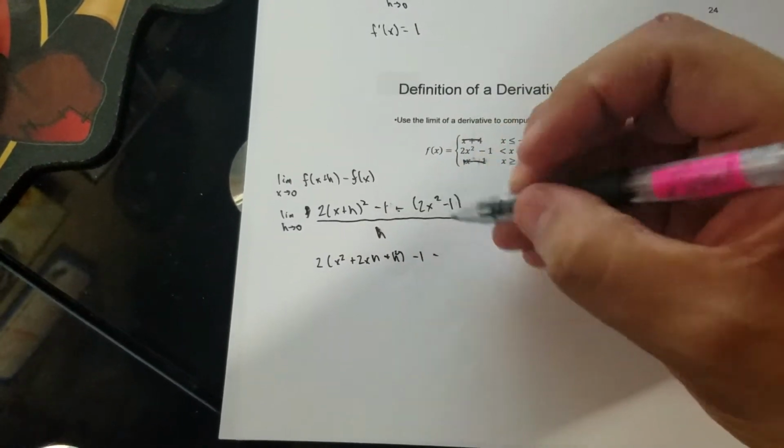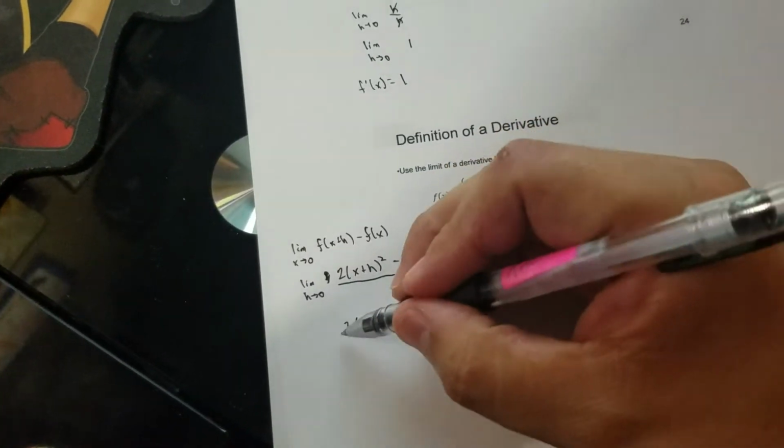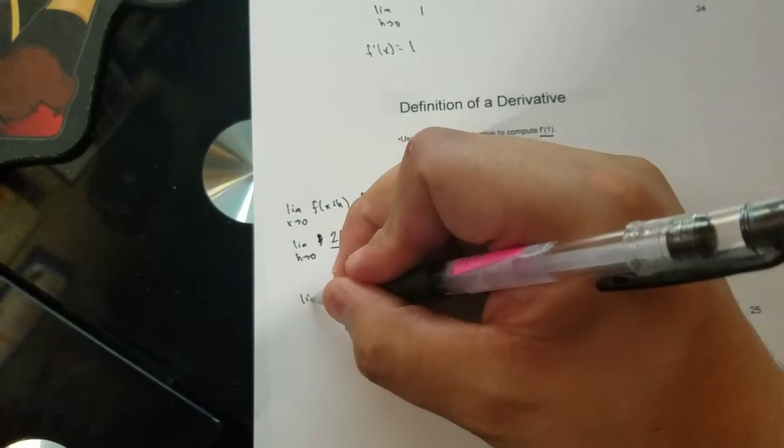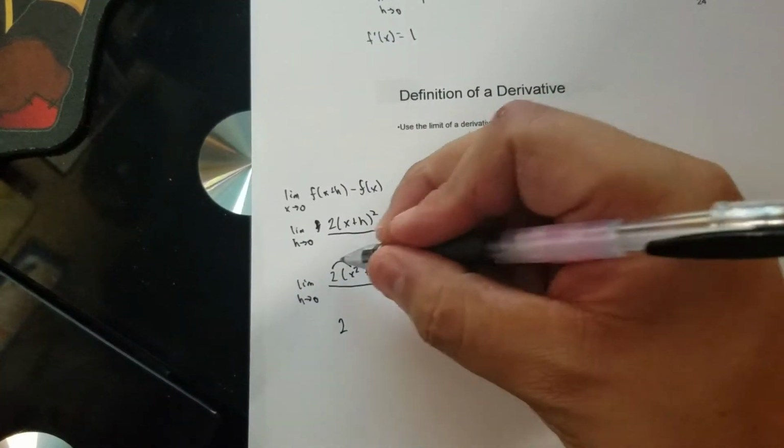I'm going to go ahead and distribute this right now. So negative 2x squared, positive 1. And now I distribute this with all three of them.